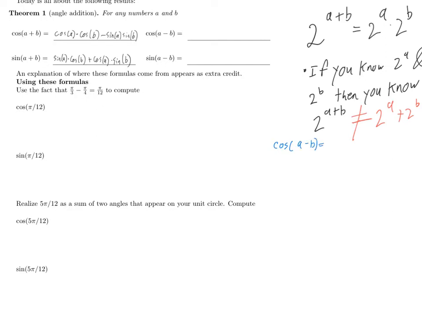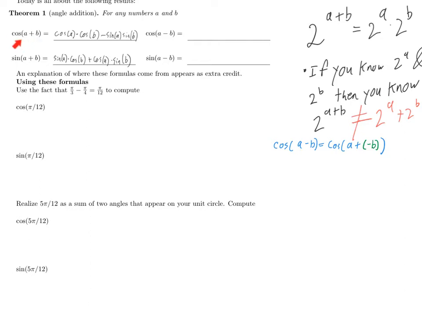What is a minus b? It's the same as a plus negative b. So this is the same thing as the cosine of a plus negative b. Now I see the sum of two things.